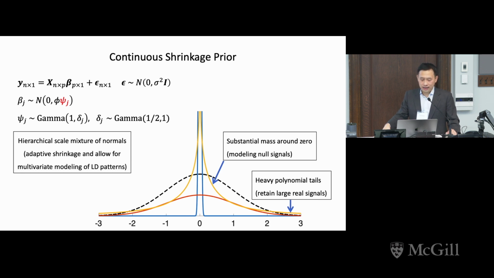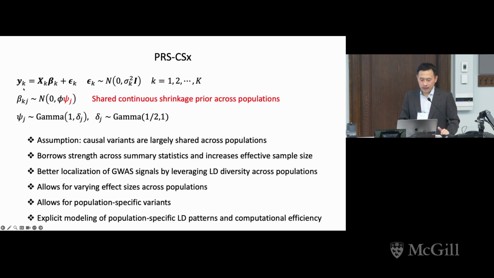So we have the idea: what if we force the distribution of beta to be the same across ancestries? We allow the beta to differ, but we force the distribution of the beta to be the same across ancestries, using the distribution to combine the beta. So that is what we do. The K here means ancestry. You can see we have the phenotype specific to the ancestry, genotype of course, and beta of course different across ancestries.